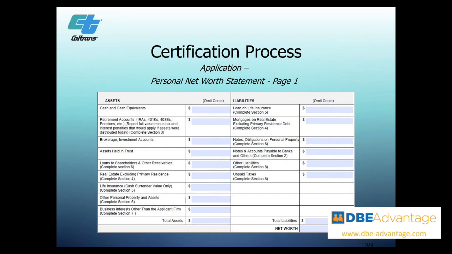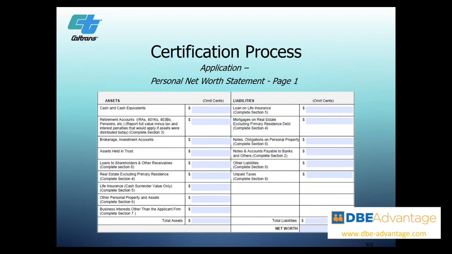So if my net worth with my spouse was $1.6 million and it exceeded the $1.32 million, will the reviewer automatically say, this individual is married, he's in a community property state, so I'm going to take half of that and use $800,000, or does the applicant need to do that themselves? I think typically the reviewer would do that, so you should report all of your assets in full, and you just make a note that you are married.